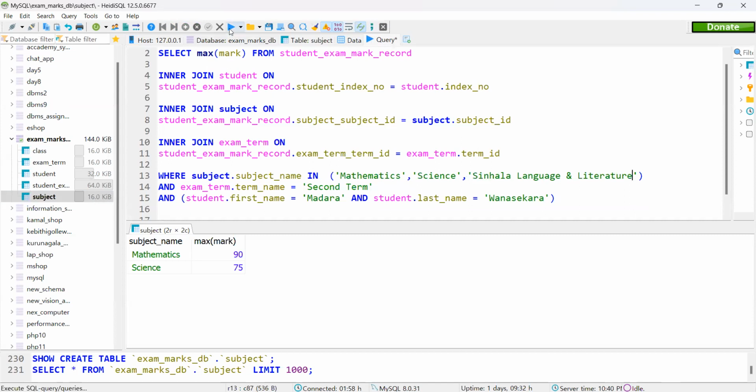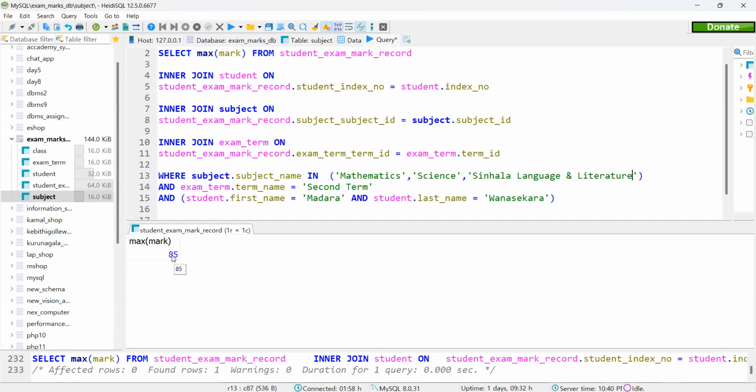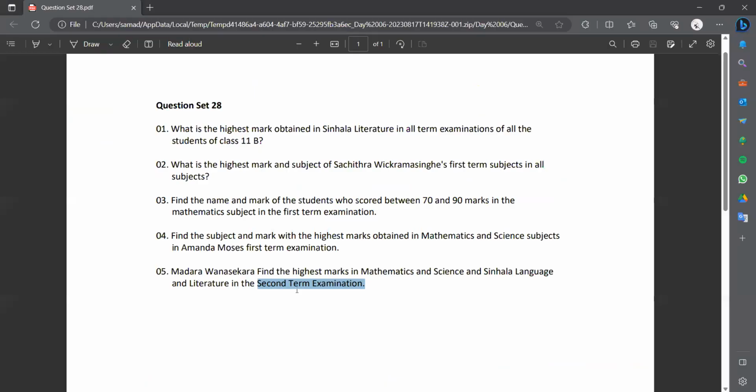Let's execute that, and we got maximum mark 85, which that student got in the second term for these three subjects. That's how we did that one, and that's how we did our question set 28, and thank you.